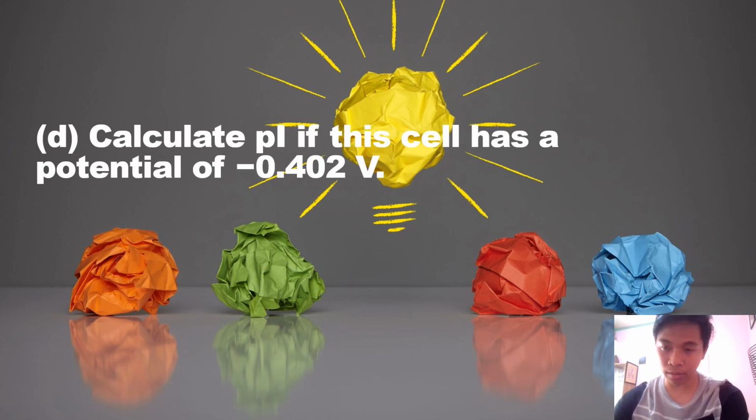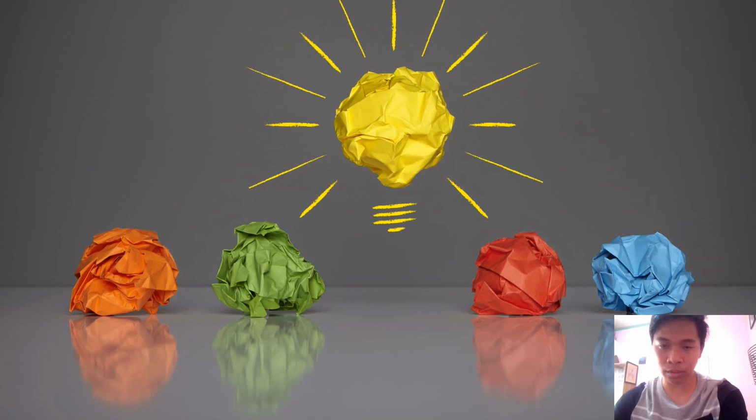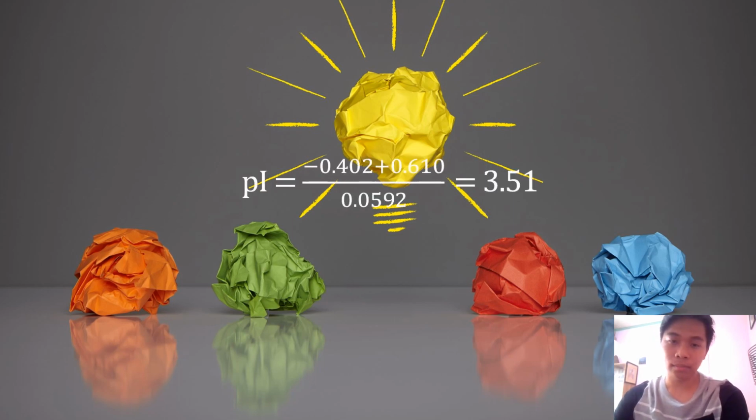Now this is very easy as we just have to input the values from the problem done earlier. So just input these values in the equation: 0.402, 0.0592, plus 0.610, will give us 3.51.